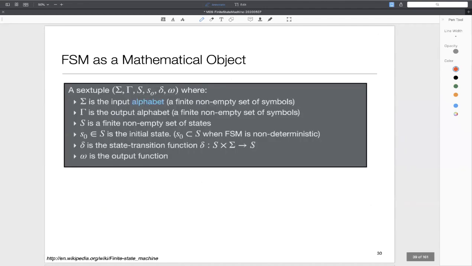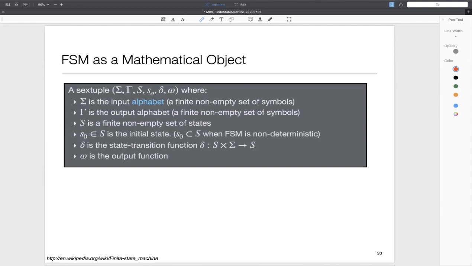Oftentimes, in the examples that we will have, the output symbol could be just that, but it could also be things like the speed setting of a motor. Maybe the motor has 5 settings of speed, in which case the output symbol would correspond to speed 0, speed 1, speed 2, speed 3, speed 4, for example. So it could be something which just carries some meaning.